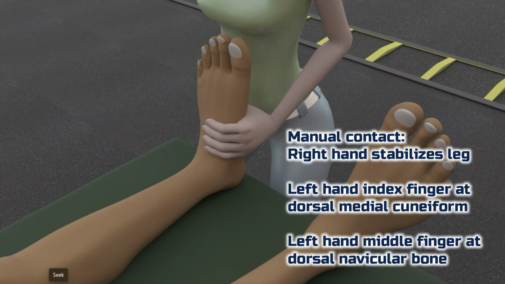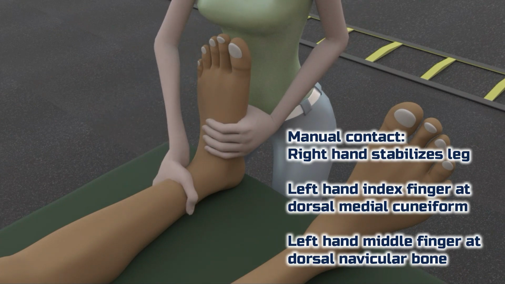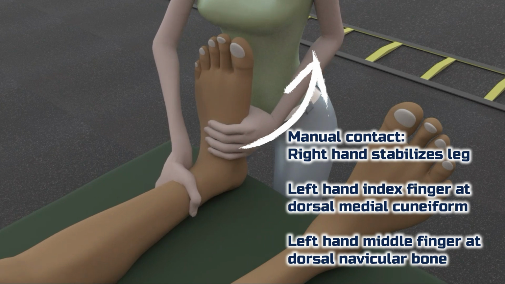The right hand is placed on the distal leg to stabilize, while the index finger of the left hand is placed on the dorsal cuneiform bone and the middle finger on the dorsal navicular bone. The navicular and cuneiform bones are then pronated with left torso rotation.